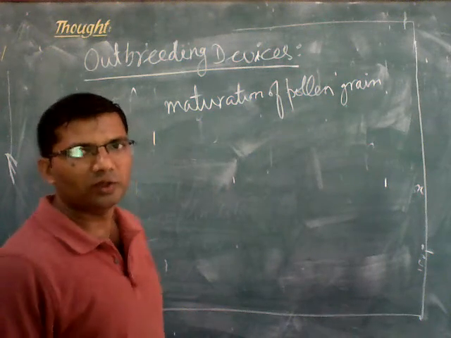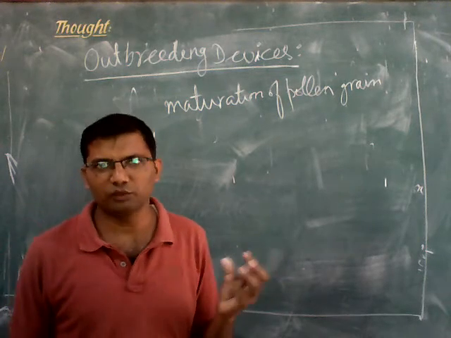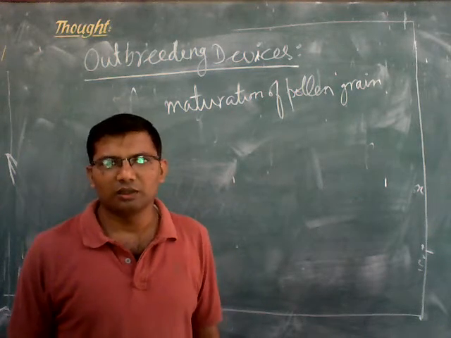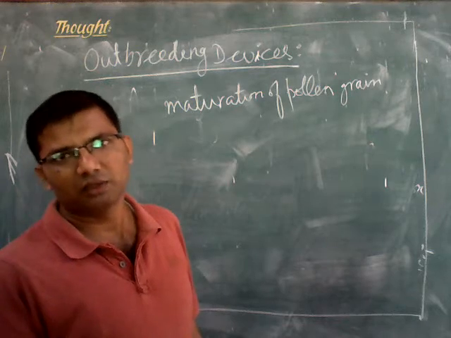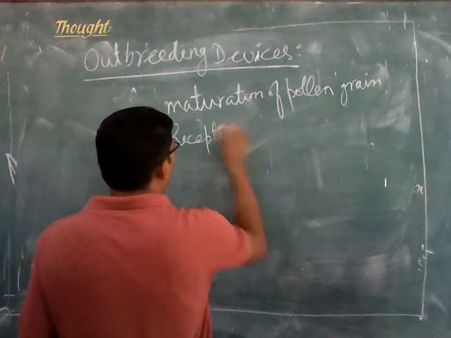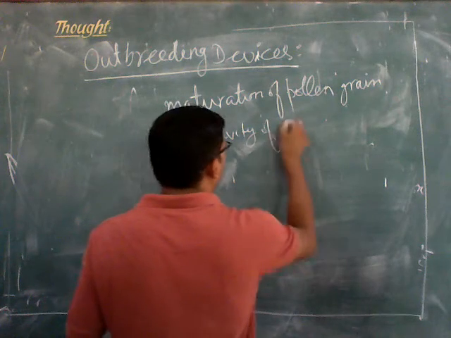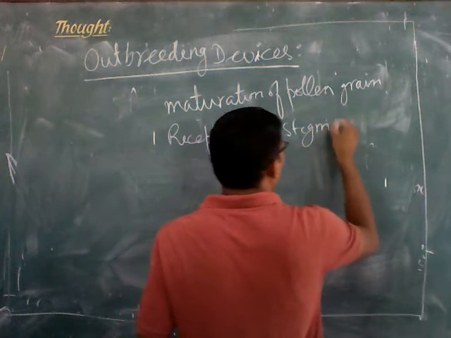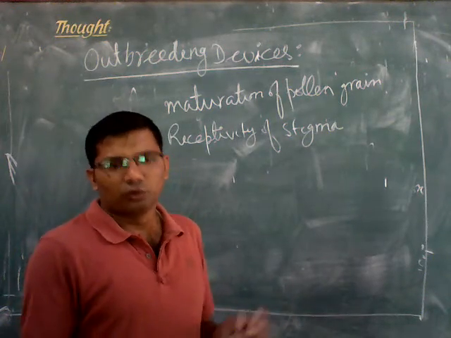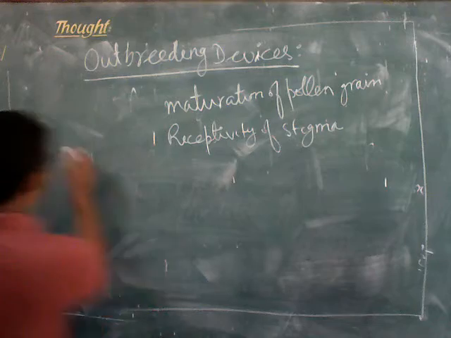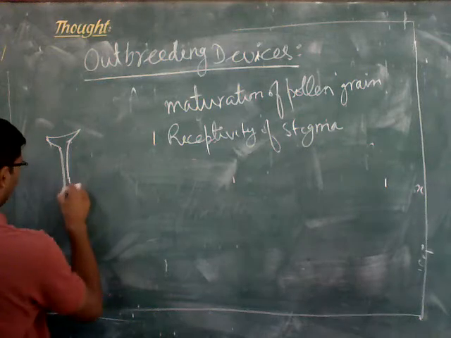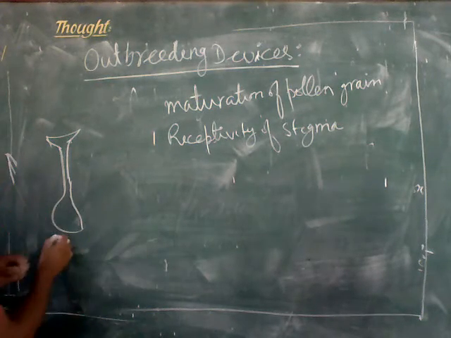Similarly, when the mature pollen grain lands on the stigma of the carpel, the receptivity of the stigma is also important. What is the meaning of receptivity?